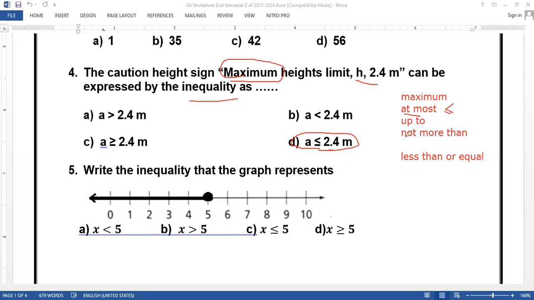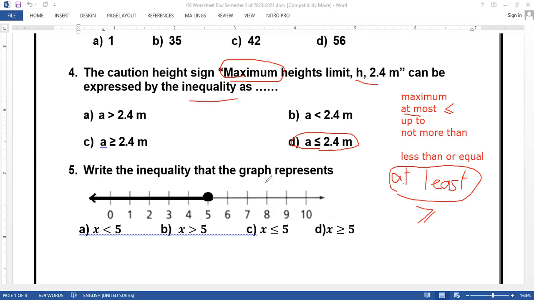But if they write at least, at least means greater than or equal, because more than this is allowed, and this number is allowed. If they said at least, we use greater than or equal. At most or maximum means less than or equal.